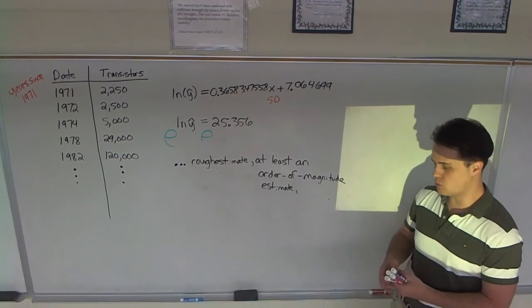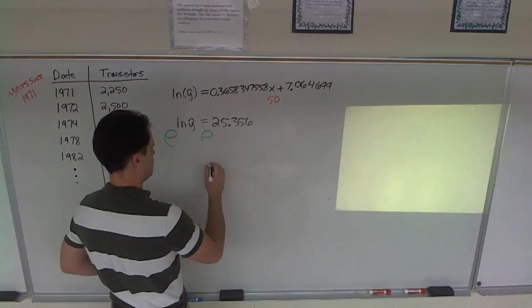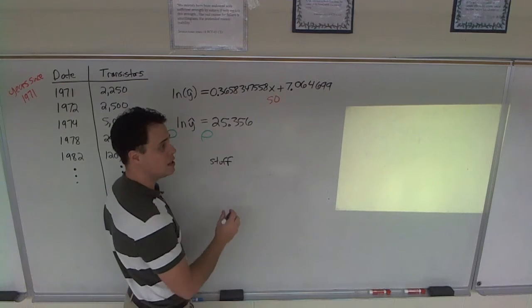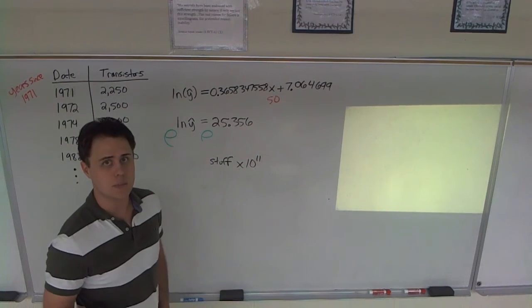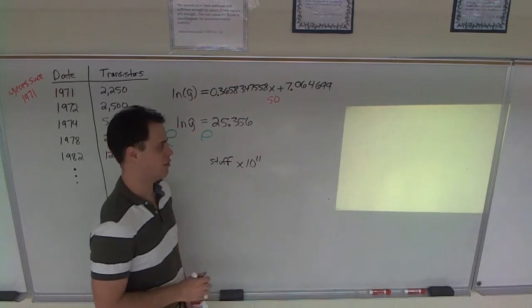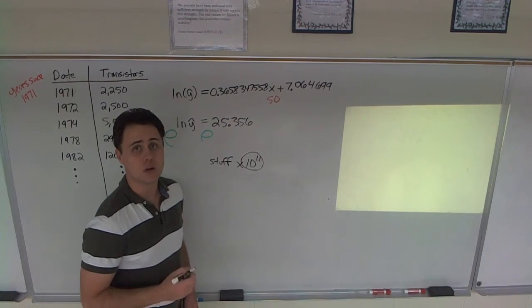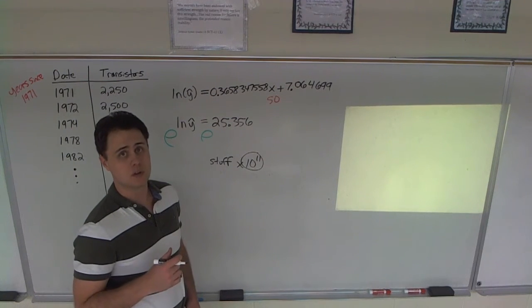If we have an estimate like we did a second ago, I'm going to write it down again, which is stuff, whatever that stuff may be, and that stuff is eventually multiplied times 10 to the 11th. Even if we're not super sure about the exact specifications of that stuff, we know that it's on the order of 10 to the 11th power, which is in the hundreds of billions of transistors.